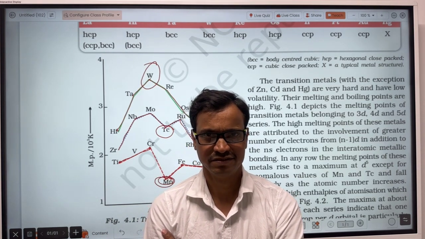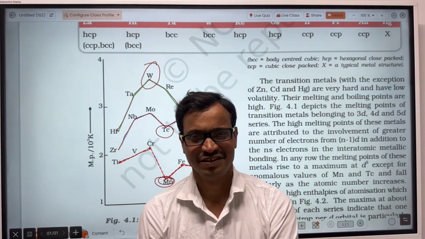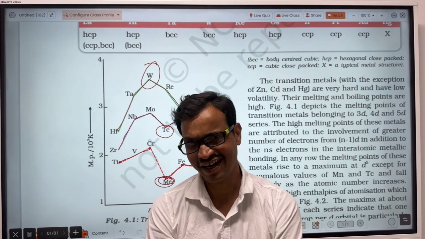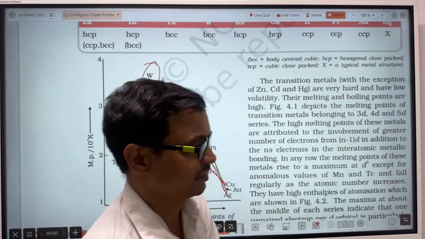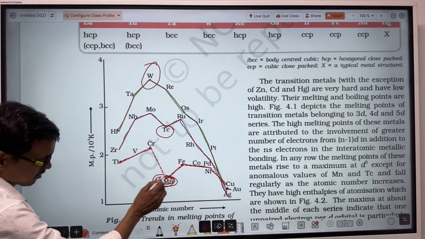But if it has not been asked, then it may be asked in the future: among d block elements, which element possesses the highest melting point?